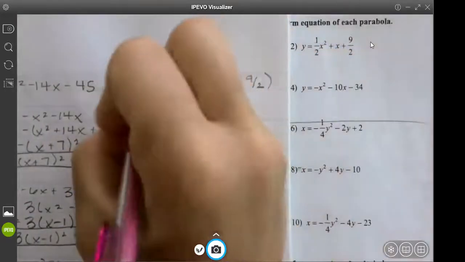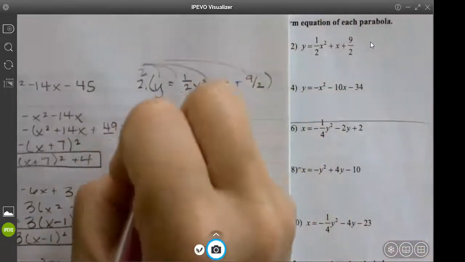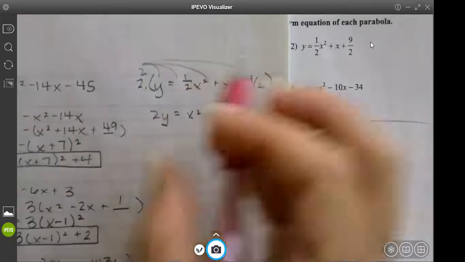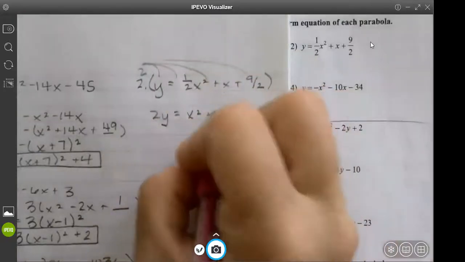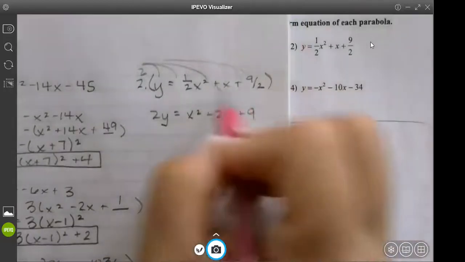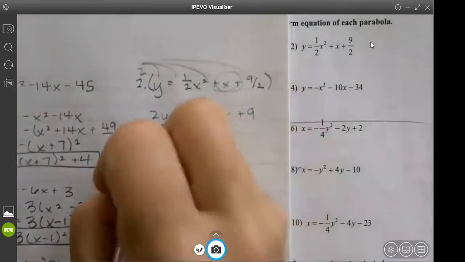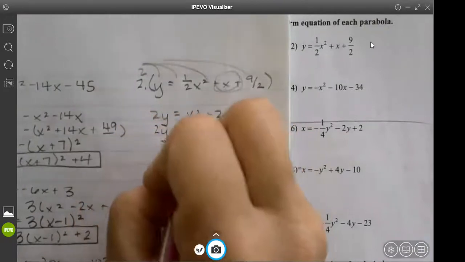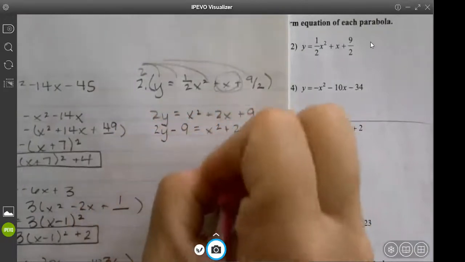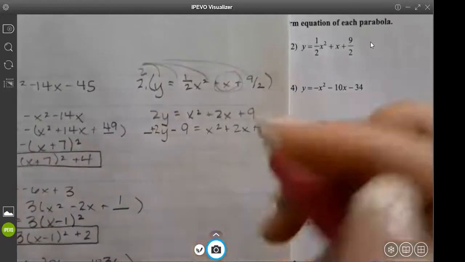We got to get rid of the denominator, so we're going to multiply everything by 2. We get 2y equals x squared. 2 times x is 2x, and then we have a plus 9 on the end. So that's the only thing, is watch that term without a denominator. We're going to move the 9 and rewrite 2y minus 9 equals x squared plus 2x and a blank. 2 divided by 2 is 1.